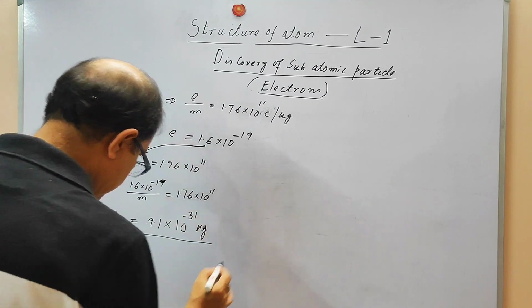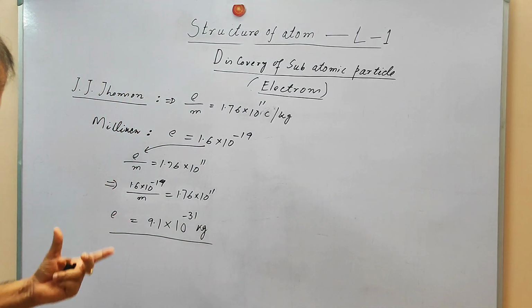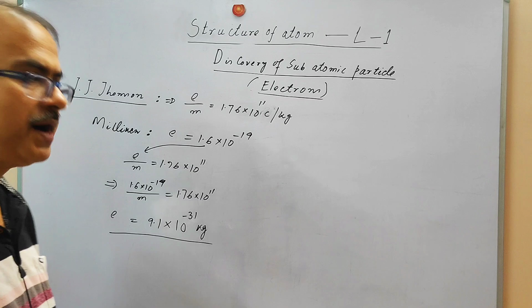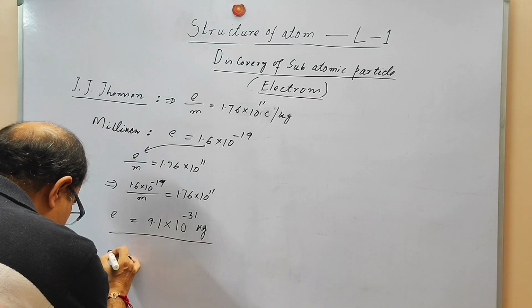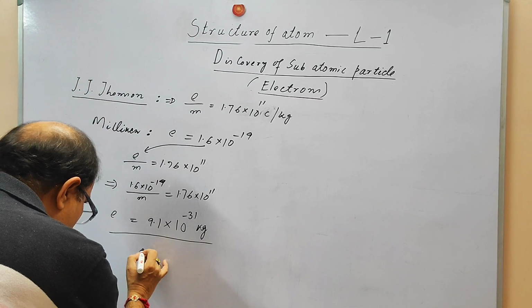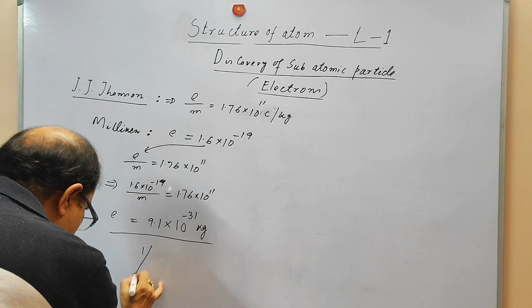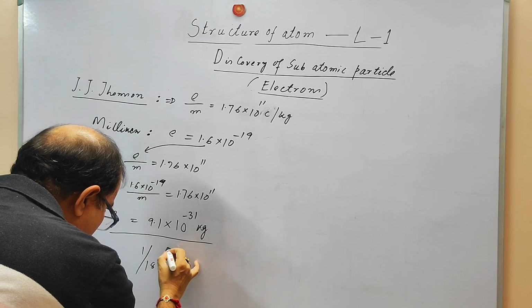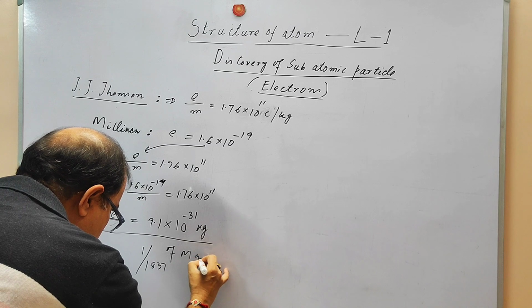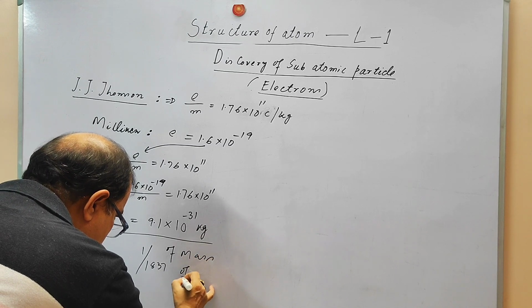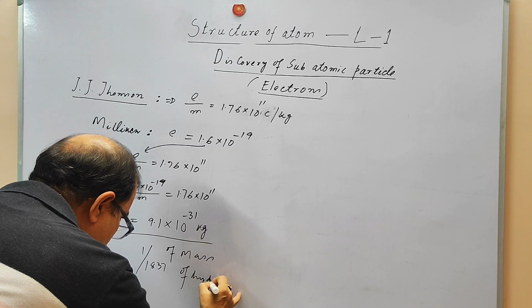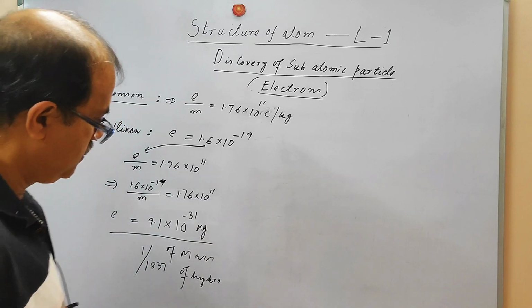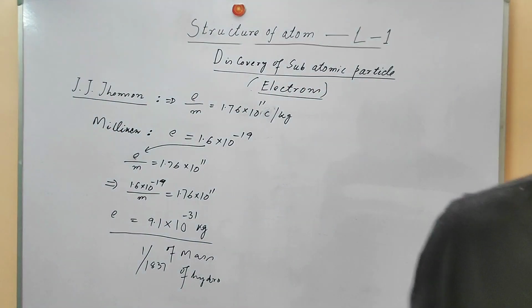So we can understand, and if we take this relative to the mass of the hydrogen, we will find that it is 1 by 1837 of the mass of the hydrogen atom.